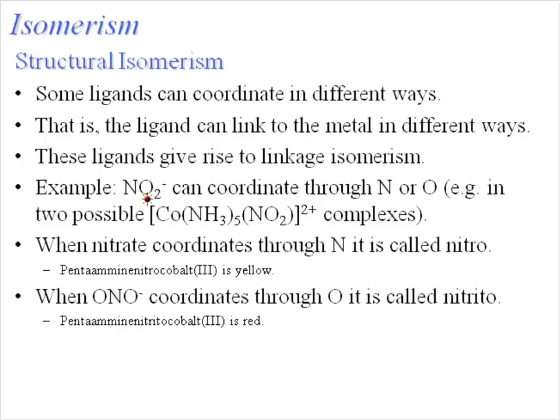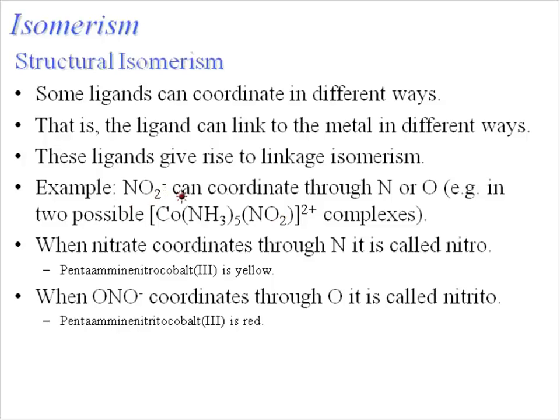If you consider this complex, one central atom, two types of ligands. Ammonia will connect in one way only, the nitrogen part, but this can connect in two ways. Now this fellow is nitrite.